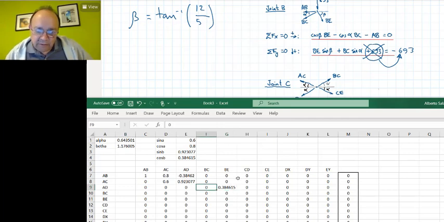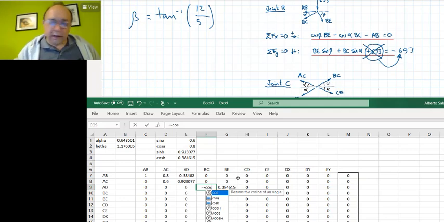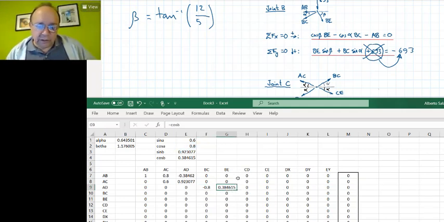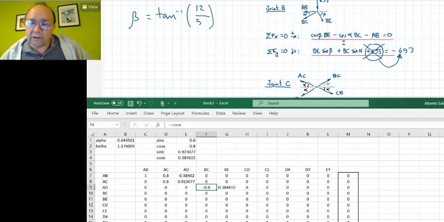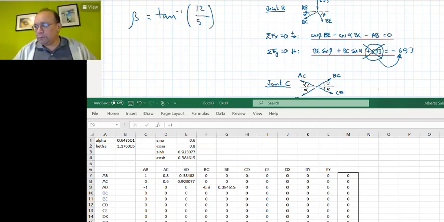BC is this one right here, equals minus cosine alpha. And then minus AB, AB multiplied by minus 1.